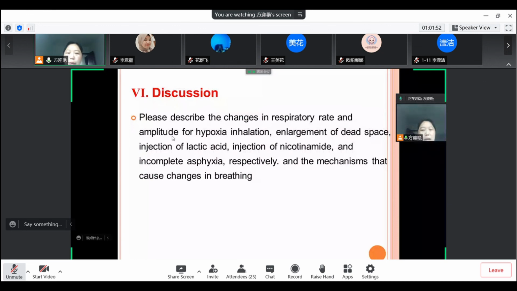Please track the change in the respiratory rate and the amplitude for hypoxia inhalation, enlargement of the dead space, and the injection of lactic acid, and the cause of the change in the respiratory curve.